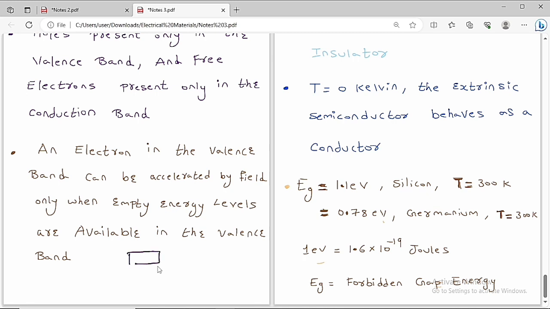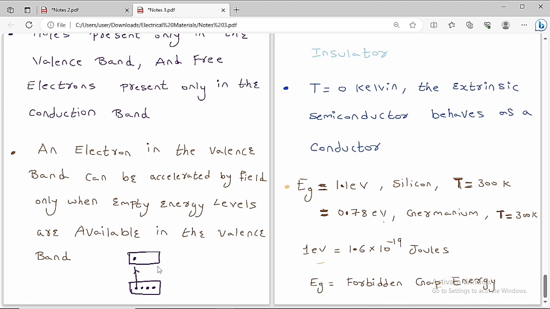So this is the conduction band and this is the valence band. Let me assume initially I have 4 electrons. Suppose I have given some energy to this electron, so one electron goes from the valence band to the conduction band. What is going to happen?